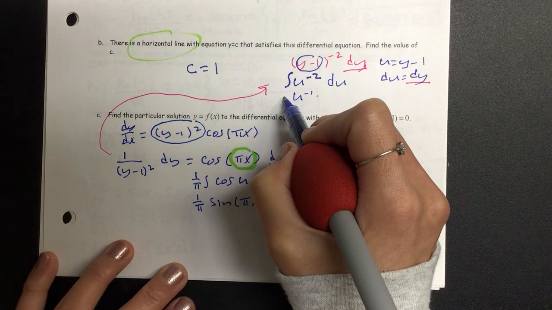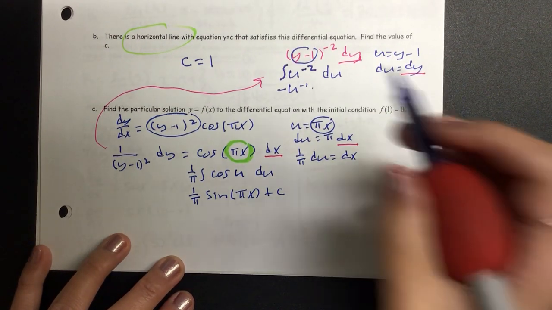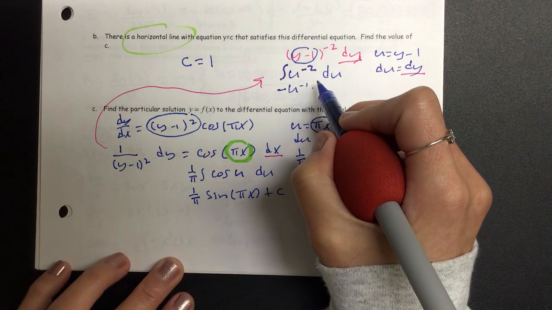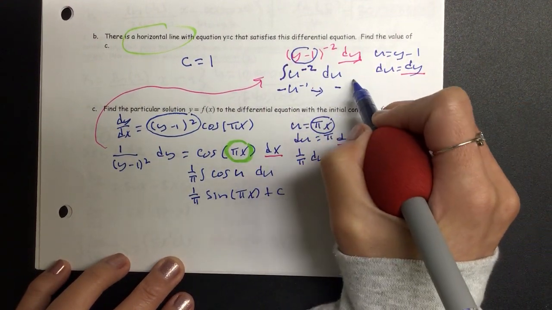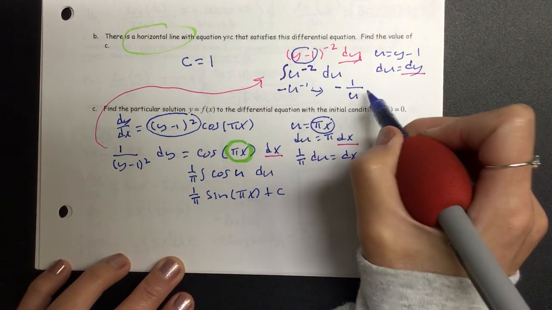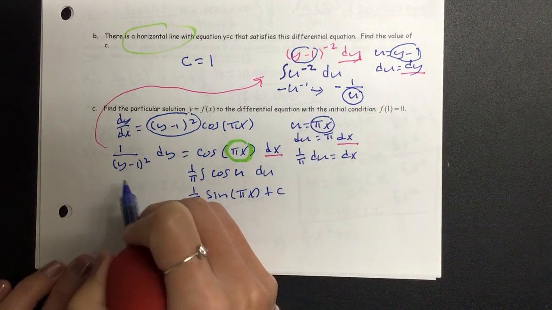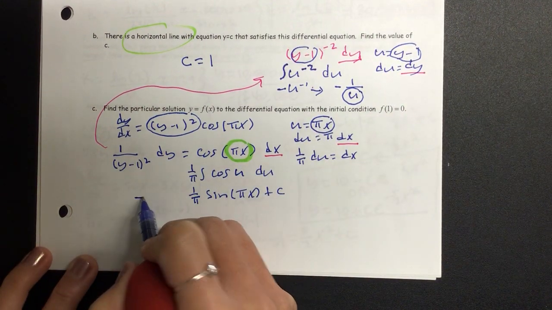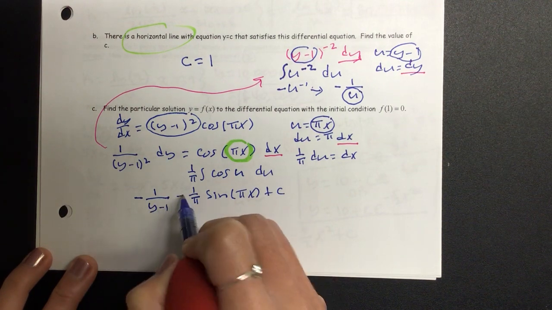If you want to write negative 1 on the bottom you can, but I'm just going to write negative 1 right there. And then let's plug it back in. This is really going to give me negative 1 over u. They're identical. Now let's plug in y minus 1 for u. So we really in the end have negative 1 over y minus 1.